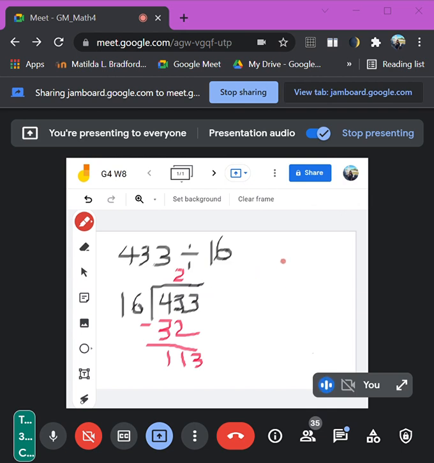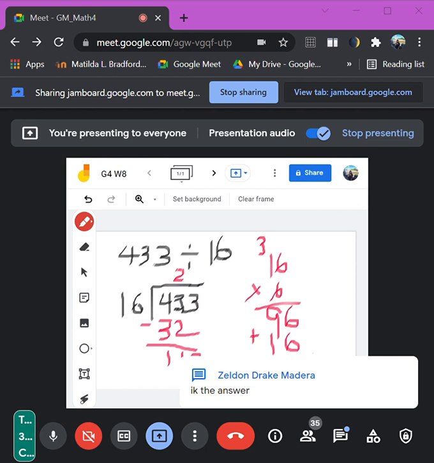For example, let's try 16 times 6. 6 times 6 is 36, carry 3. 6 times 1 is 6, plus 3 is 9. So that's 96. Maybe we can still add another 16, so that 6 becomes 7.